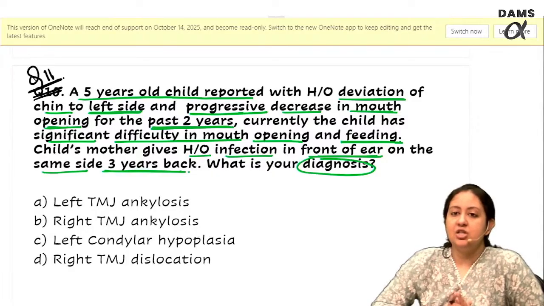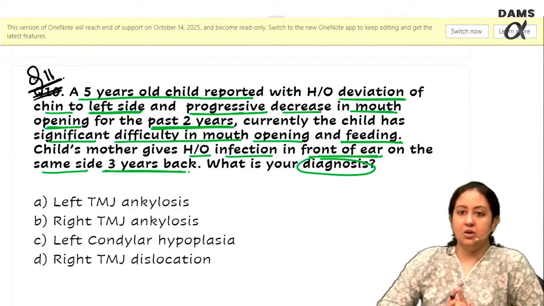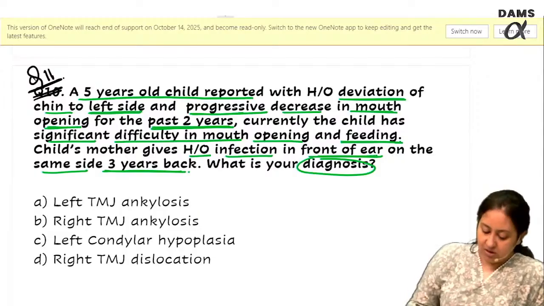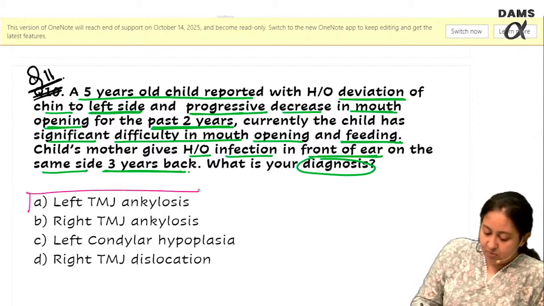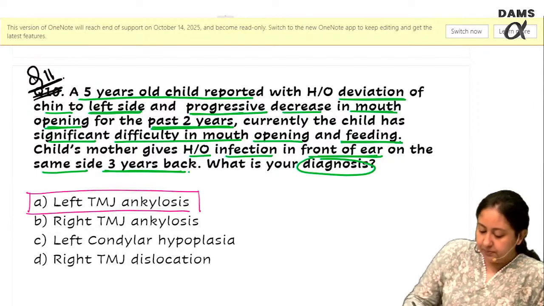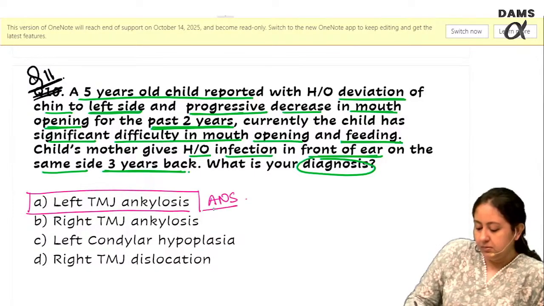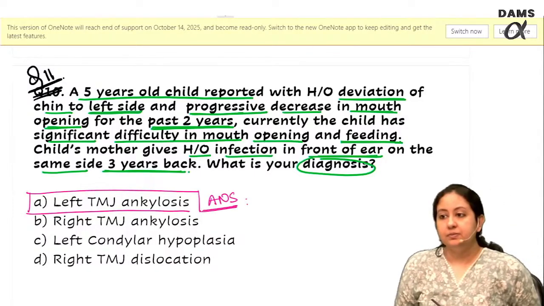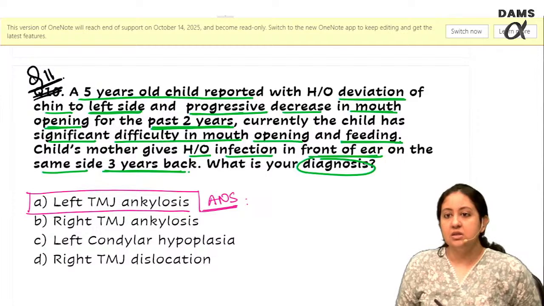Asymmetry or deviation to the ipsilateral side, same side or affected side, is seen in unilateral TMJ ankylosis. So the answer here is left TMJ ankylosis. Okay, fine. Have you understood, Aarti?